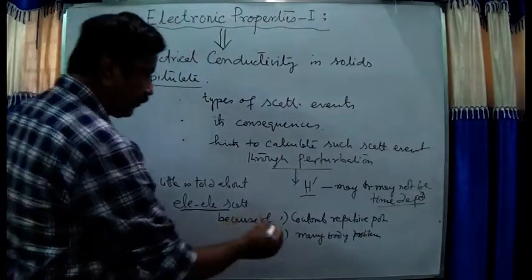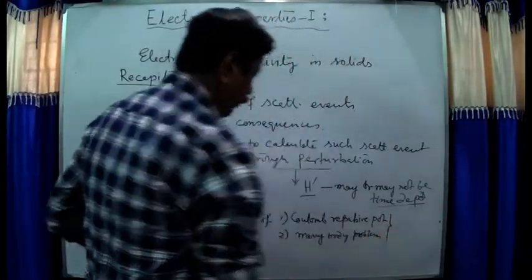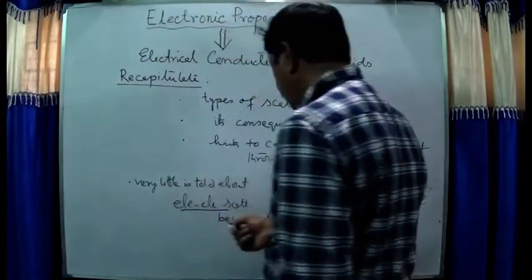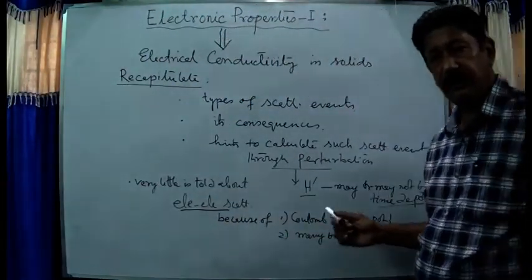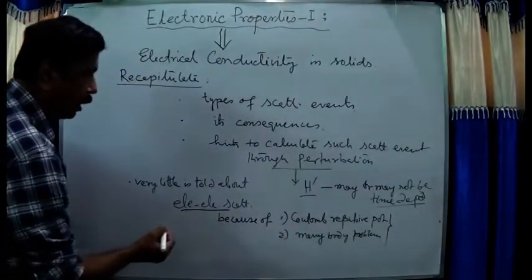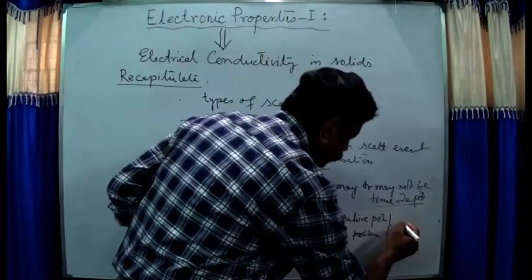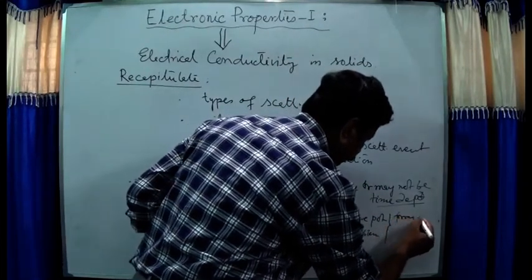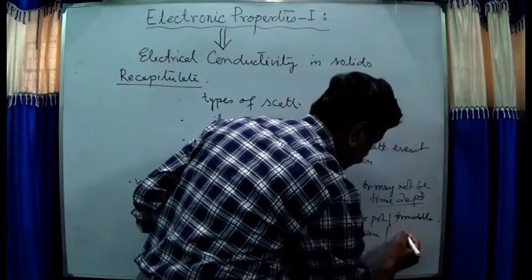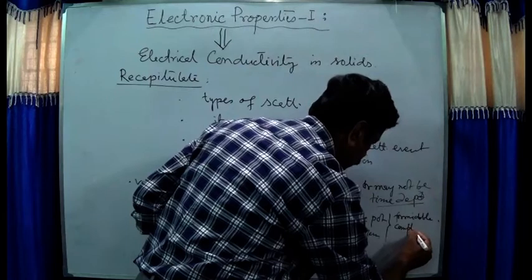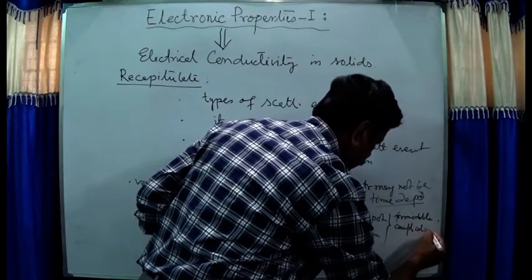Because of these two main features associated with electron-electron scattering, it becomes very difficult to go analytically. So it poses formidable complication. Okay.